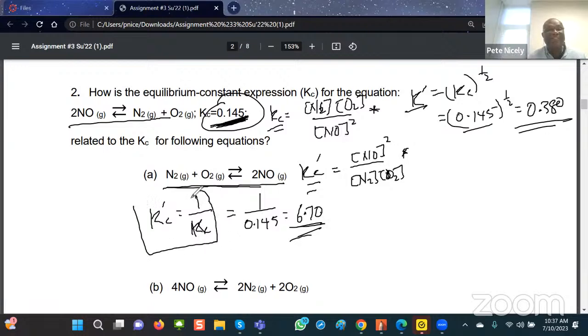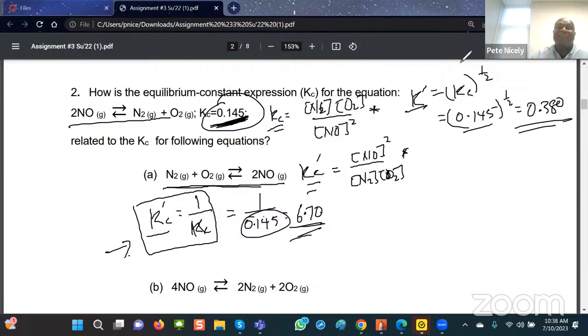Now, if the question just asks for the relationship between Kc prime and Kc, then of course you just write this equation down right here. But they gave you the Kc value, so presumably you need to determine the Kc prime answer, the actual numerical answer. Okay, any other questions about this?